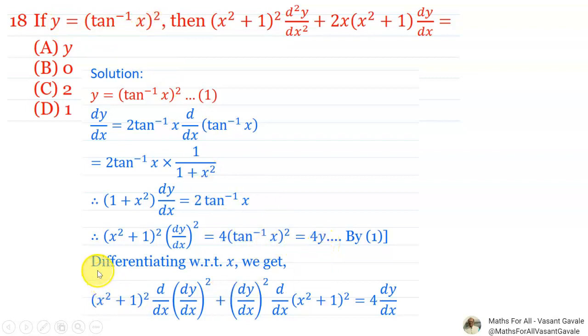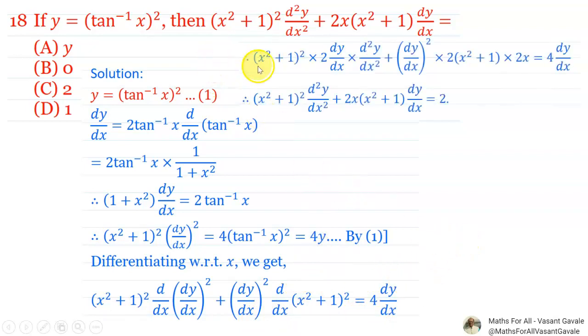Okay, therefore next, differentiate this with respect to x. पुन्हा हे एक्सप्रेशन आपण डिफरन्शिएट करणार. First (x square plus 1) whole square as it is into d by dx of (dy by dx) whole square, plus (dy by dx) whole square into d by dx of (x square plus 1) whole square. Okay, आता इथे किती, 4y, that is 4 into derivative of y, which is dy by dx.